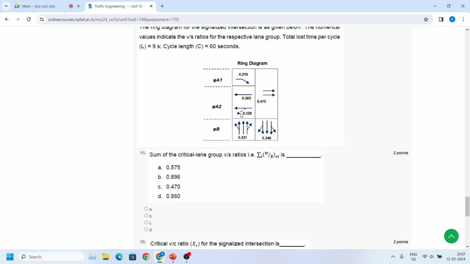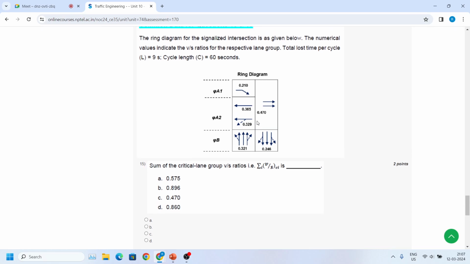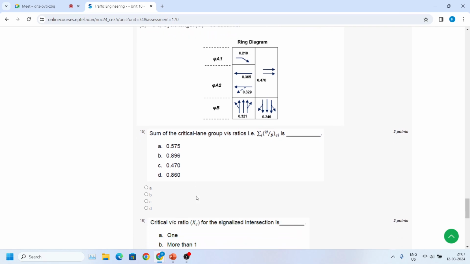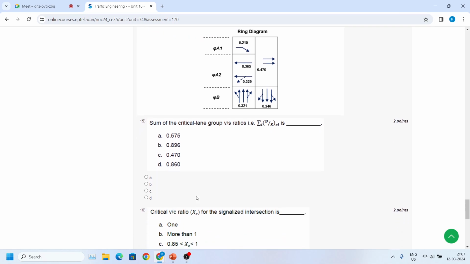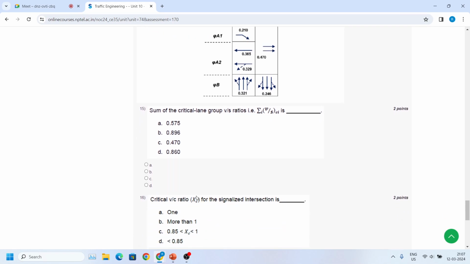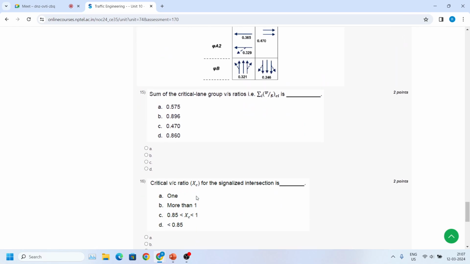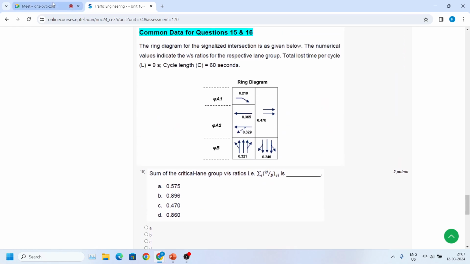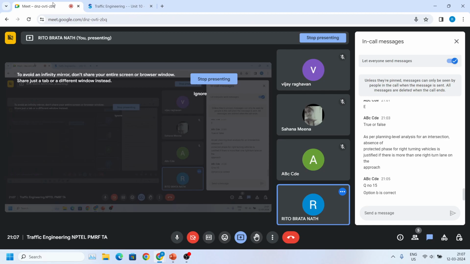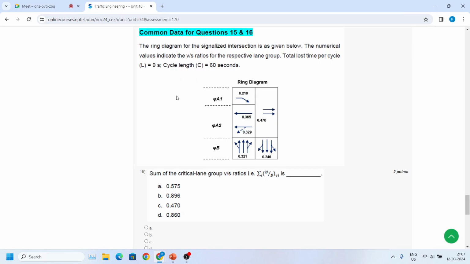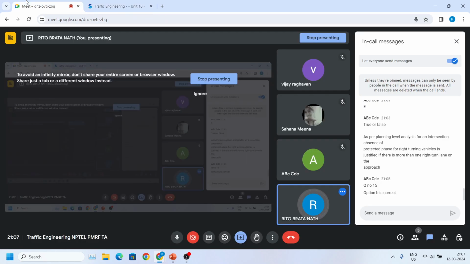Look at every individual phase and how you would work it out. These are not volumes here, it's V by S directly. So accordingly do the calculations and you will come up with the answer. Option B is correct. Yeah, probably that's correct. You have also worked it out, I think. That should be the correct answer.